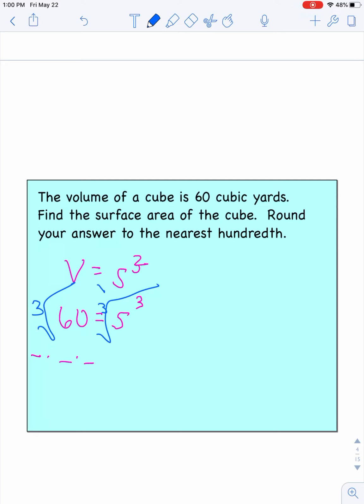And on your graphing calculator, you're going to find that cube root under your math button. And if you scroll down, you'll see the cube root. So if I take the cube root of 60, that gives me that my side length is approximately 3.91 yards.